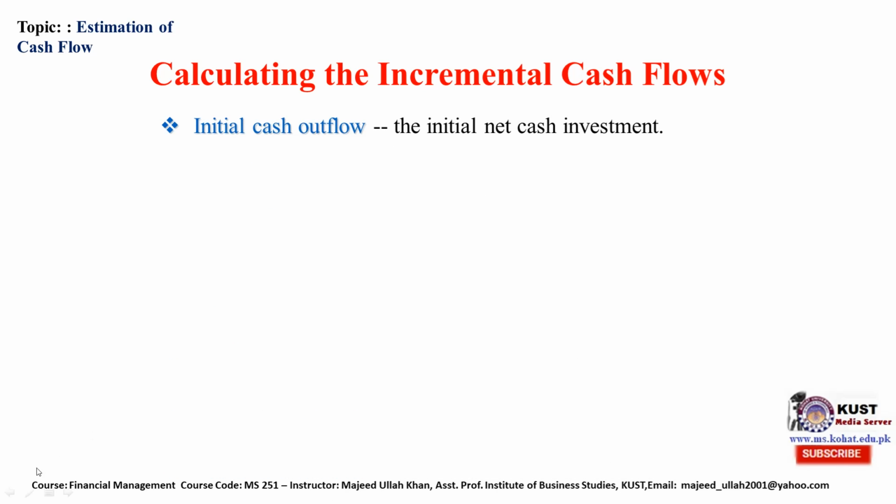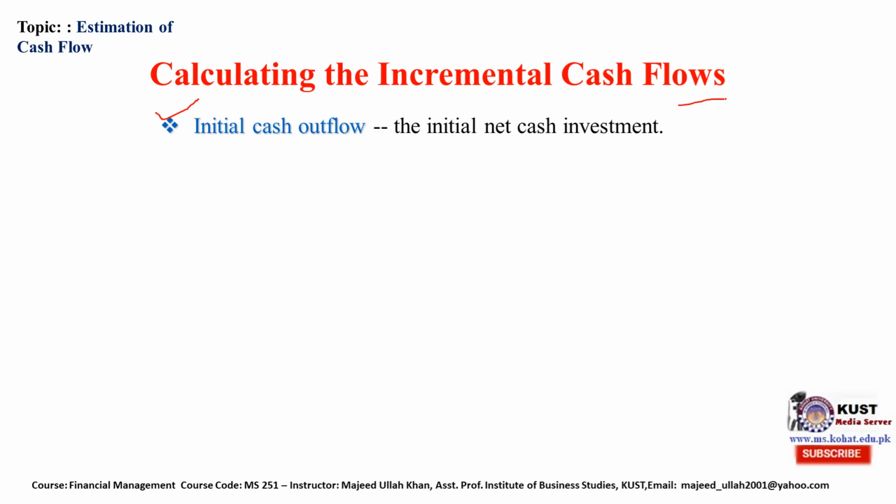We will divide the whole process into three phases. One is initial cash outflow. When the company purchases or acquires any capital asset, either a building or machinery, the company will incur certain costs initially.